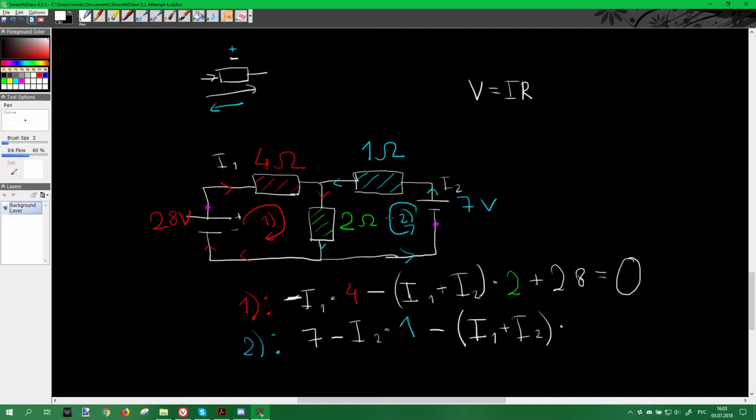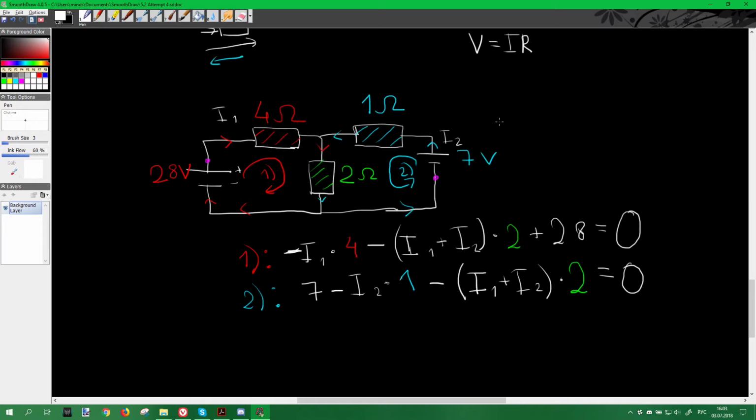However, since they're in the same direction as our loop, both are negative, as without brackets. So in brackets there will be the sum of those currents, and then multiply by the resistance 2. We sum up all those potential drops because we come to the end of the loop, and the potential drops should be 0 from the law.